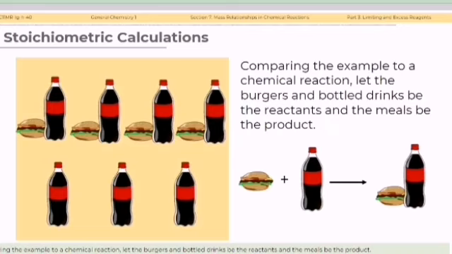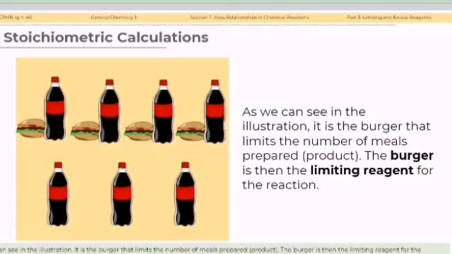Comparing to the example of a chemical reaction, let the burgers and bottled drinks be the reactants and the meals be the product. As we can see in the illustration, it is the burger that limits the number of meals prepared, the product. And the burger is then the limiting reagent for the reaction.